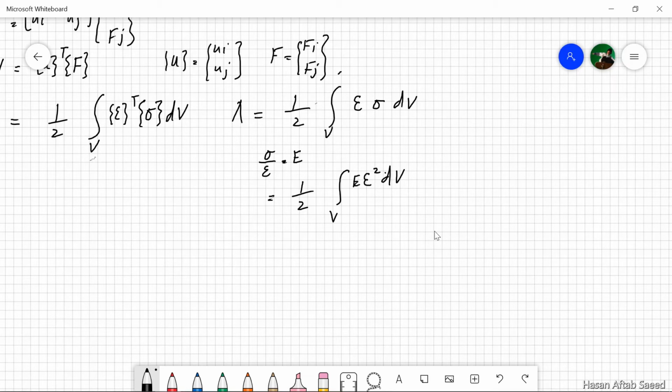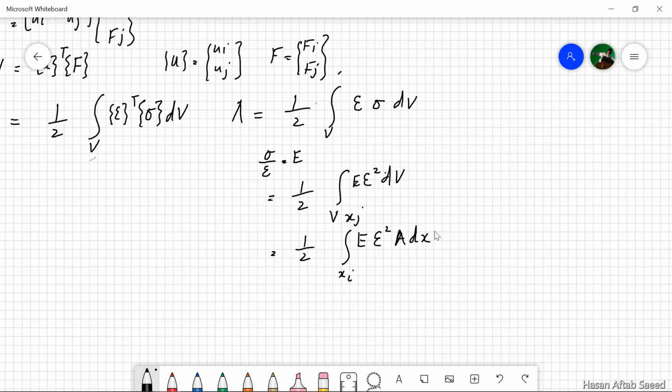So instead of a volume integral, we can convert this into a length integral by writing dV as A dx, and now it's a matter of integrating on the length, because A is a constant.